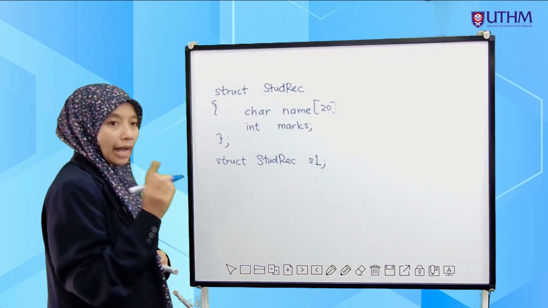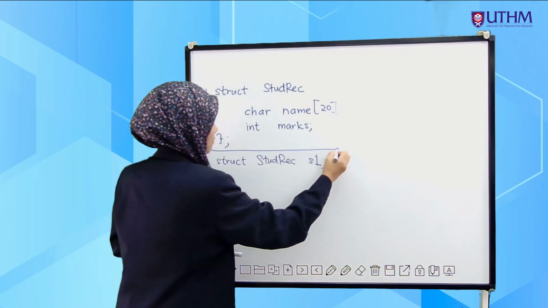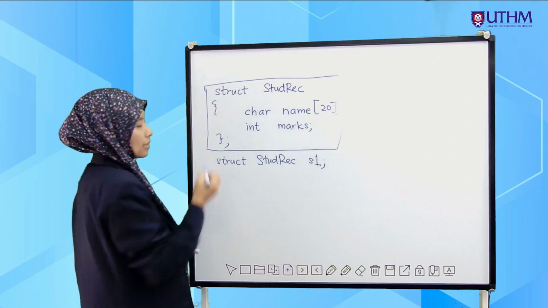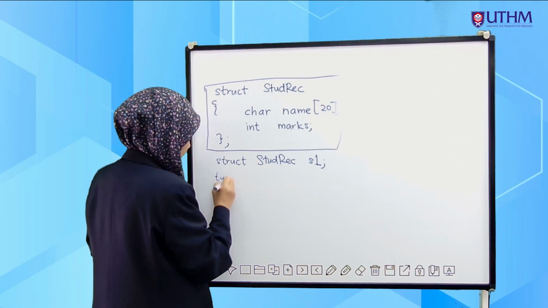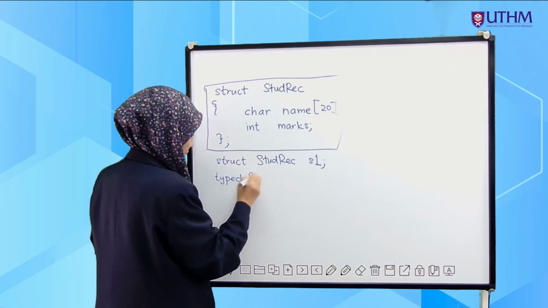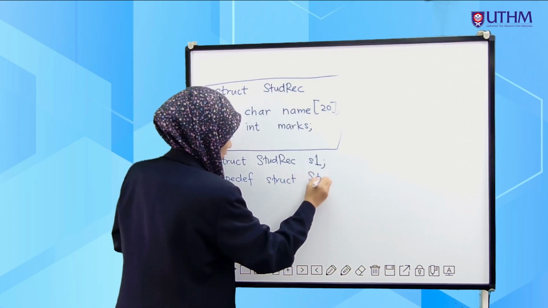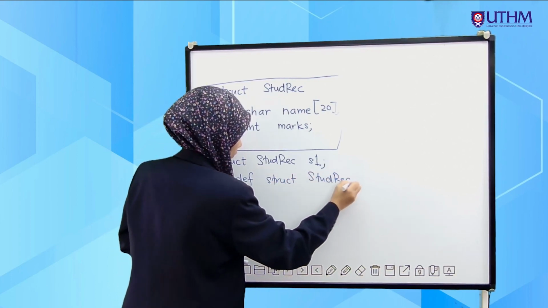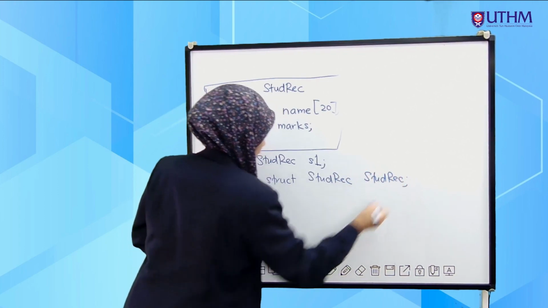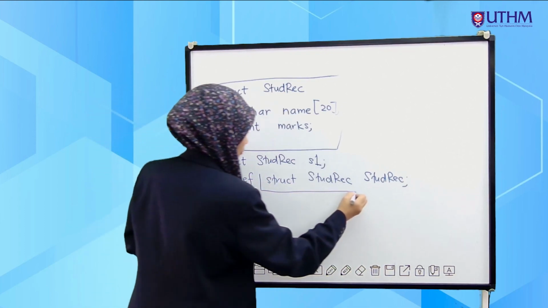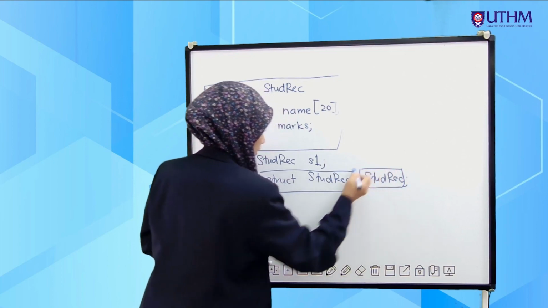Alternatively, I can also give another name to my struct student record. I can use the typedef reserved word: typedef struct student record, student record. Now, the other name for struct student record is student record here.